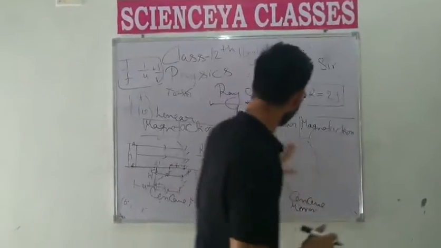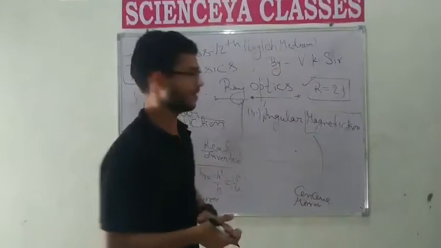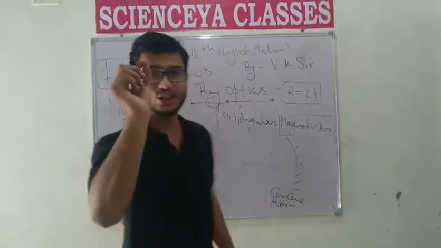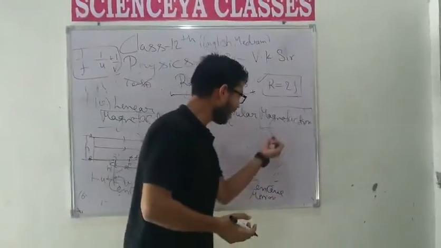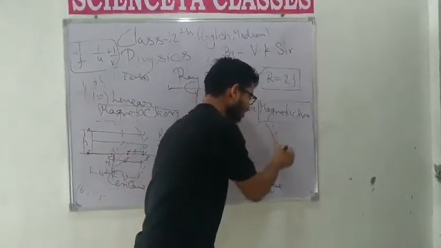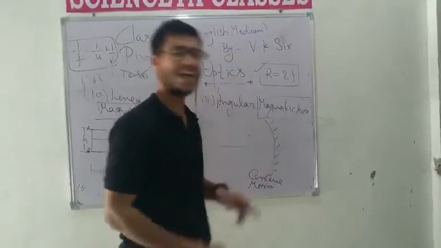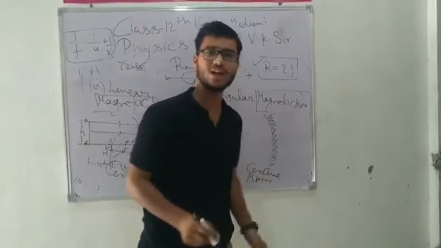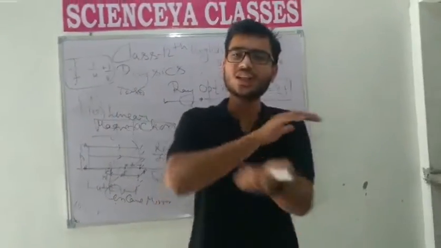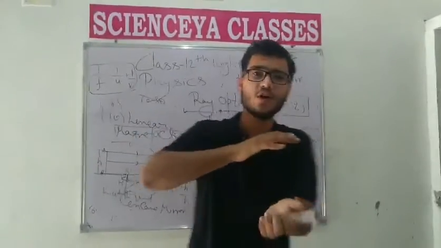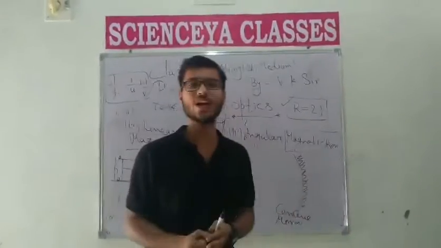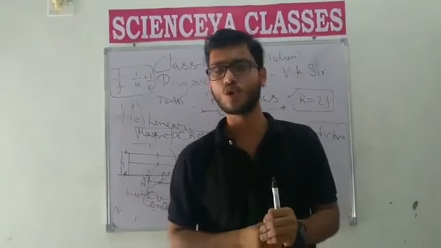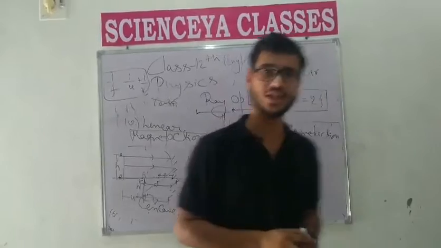Okay student, so what is angular magnification? So this is a concave mirror. And here is one doubt, why I again and again draw this line. This is not like a stand, this is a polish. This is a polish on the surface of glass, one side, to convert it into a mirror. A glass is converted into a mirror when one side is polished.